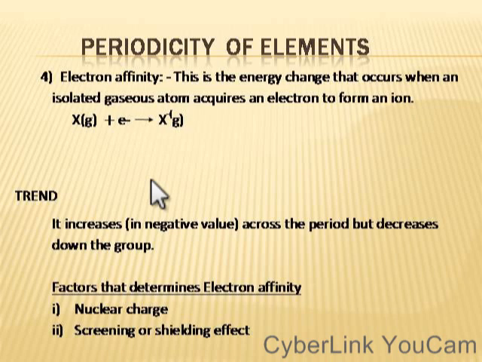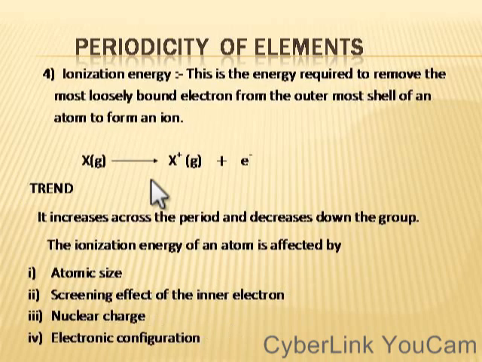Sorry, before I move on, let me say something about ionization energy again. If you look at the arrow, it shows how the ionization takes place, where one electron of S is removed to form an ion.